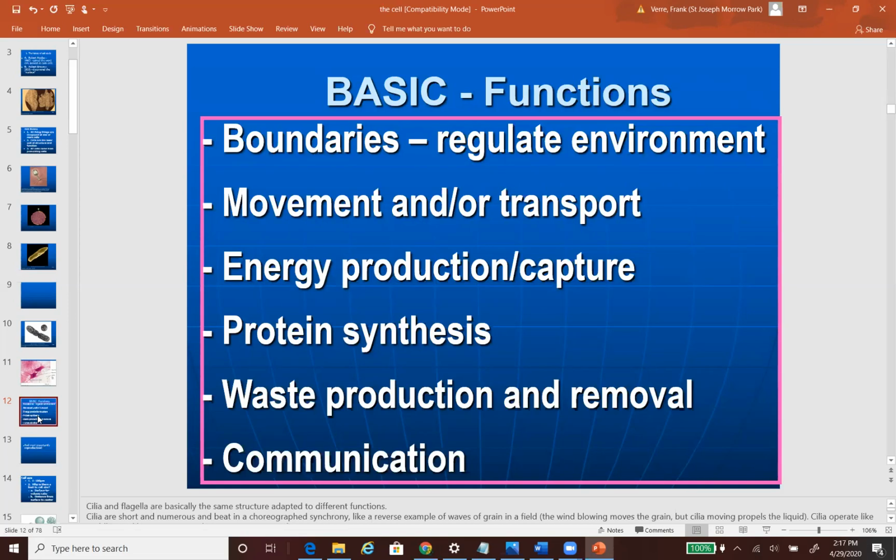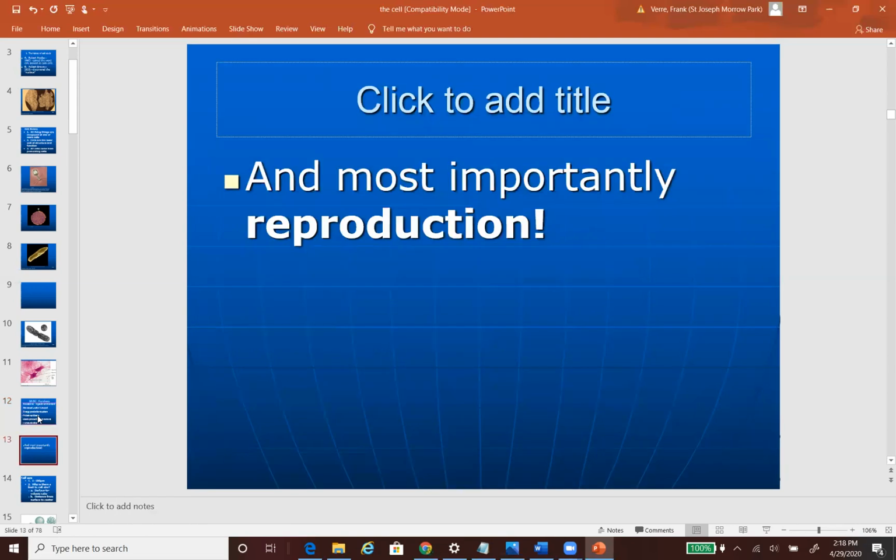So that's a neat example of communication, right? Your beta cells in your pancreas communicate to your muscle cells through a chemical called insulin, and that tells them to absorb sugar. So these are things that cells must be able to do to survive and be successful.